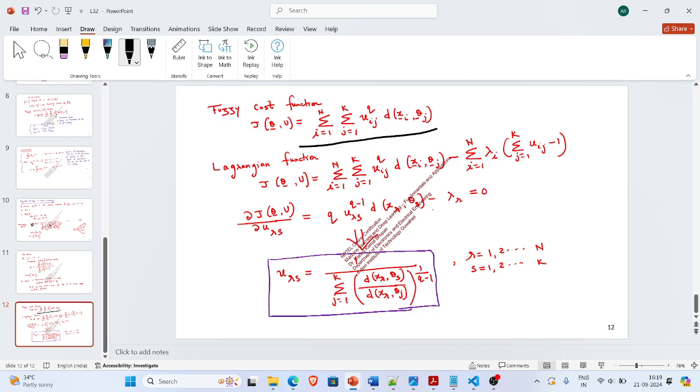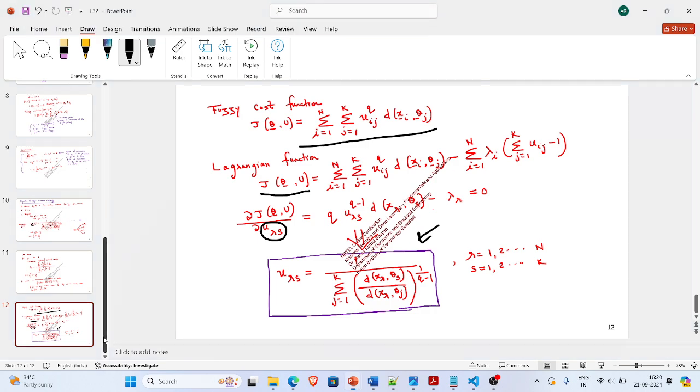Then we differentiate with respect to our variable, the membership grade, at which the cost function becomes minimum. That is how we got the expression of the membership grade. In the derivative with respect to this, q will come forward and this remains the same, and in the summation only lambda r will come out. Simple.